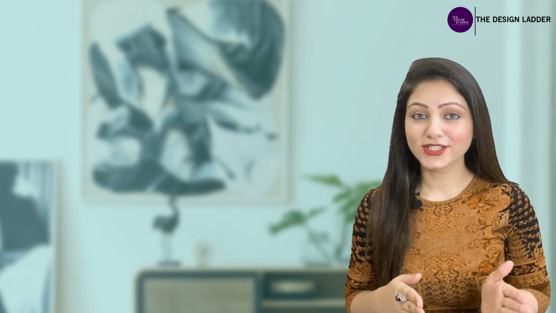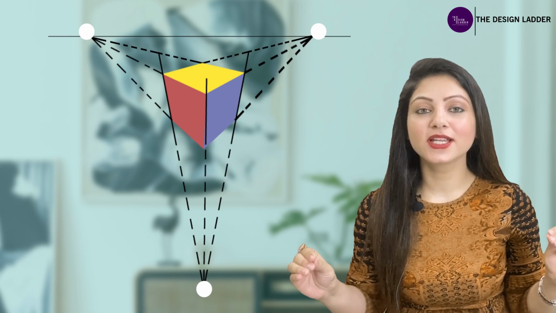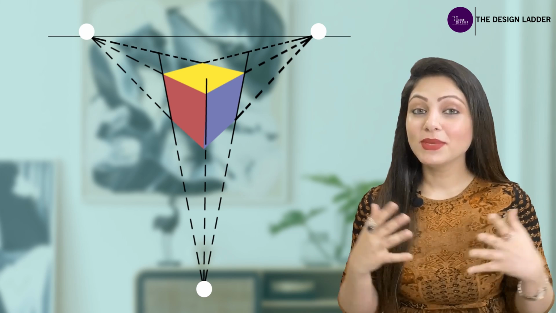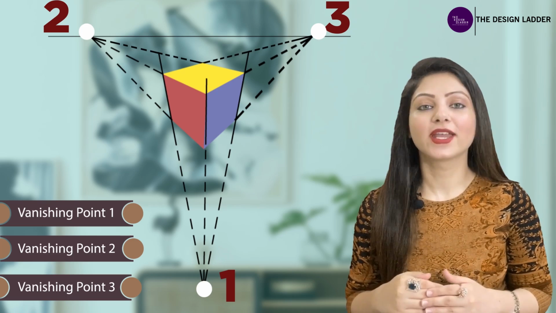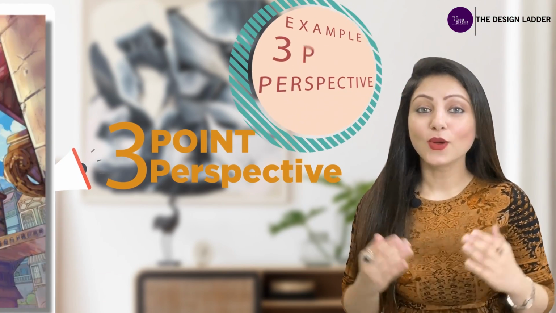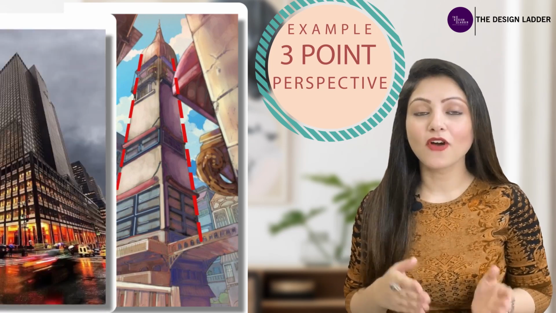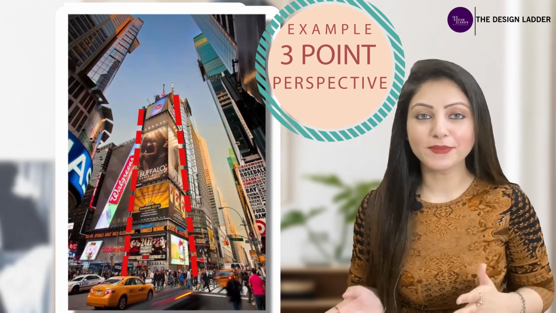And in this situation, if we extend all the converging lines to infinity, we'll be surprised to see that these lines are converging at 3 different vanishing points. Hence, 3-point perspective. So now let's see some examples of buildings or objects in 3-point perspective.